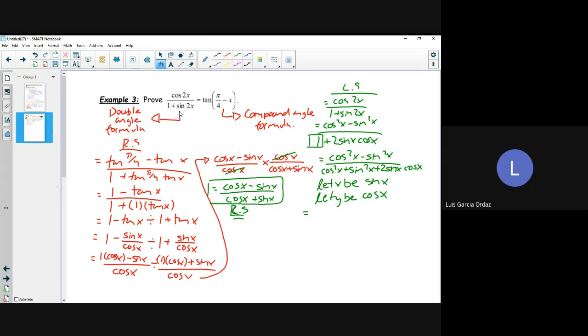So we got cos squared x minus sine squared x at the top. So we get y squared minus x squared over, and then let's rearrange this to be x squared plus 2xy plus y squared.